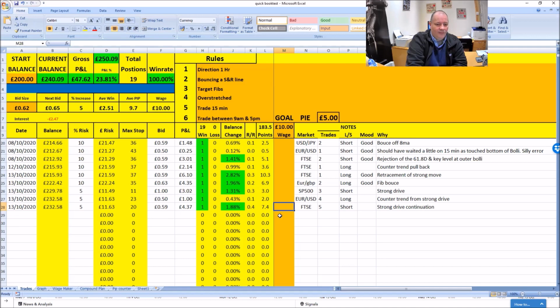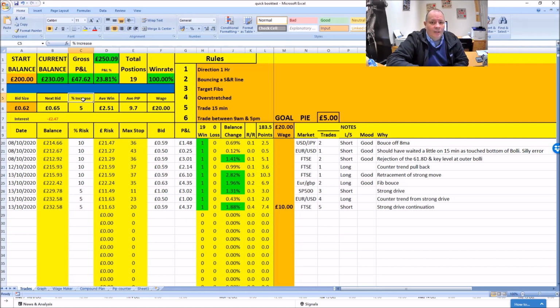What day is it today? It's the 14th. Well, it doesn't really matter. We've now withdrawn £10, so we can see the wage is £20 for the month. This is our complete growth, which is 23%, and we are doing quite well.